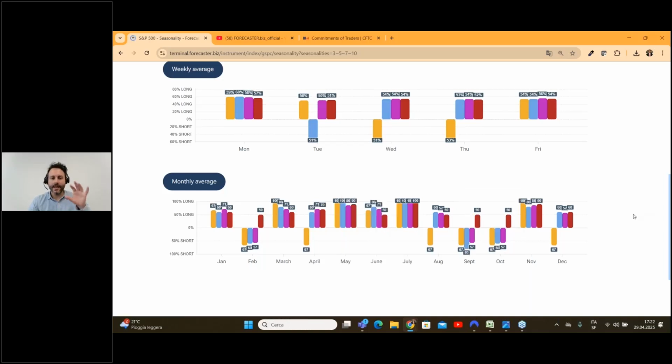And this is amazing statistics in order to understand if it's time or not to buy in a specific time frame, okay? At the moment we are in April, next month will be May. May, we can definitely say it's a bullish period for the S&P 500, okay?